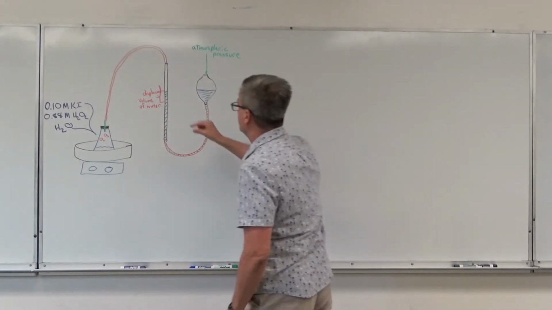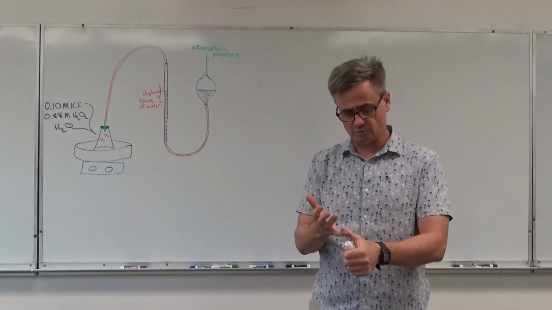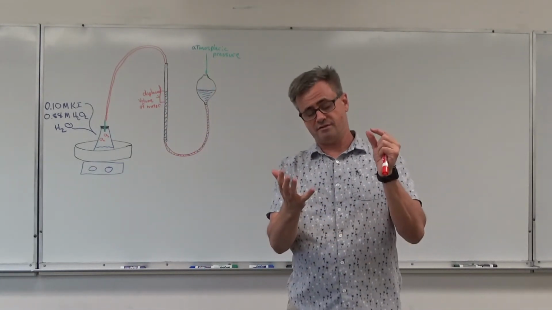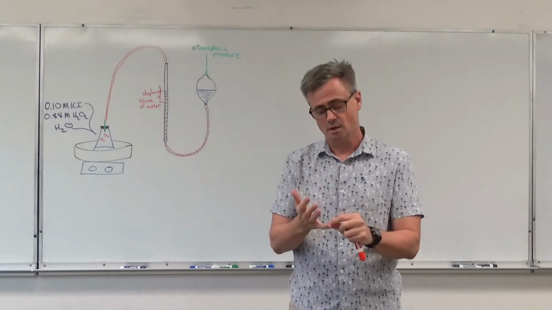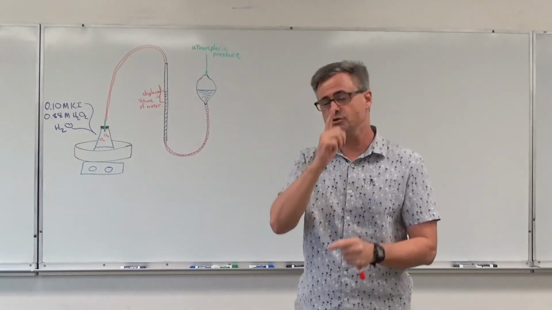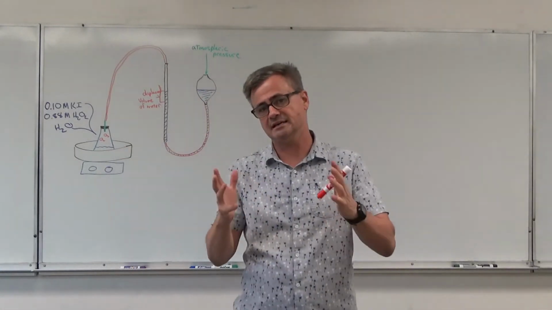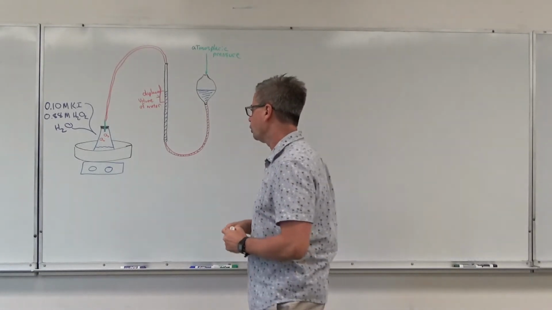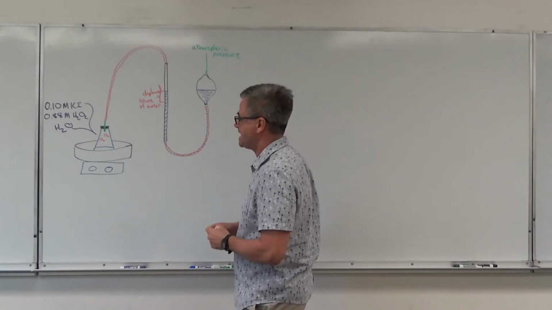We know the volume of oxygen that was created. We know the pressure that it's at, it's at atmospheric pressure. We know the temperature. We're going to use the temperature of the reaction flask, which is probably the best estimation for what temperature the gas is at.